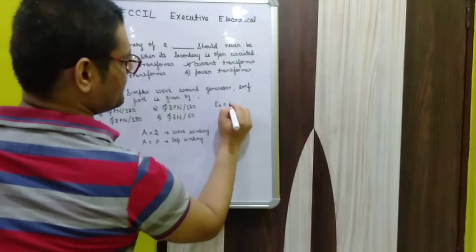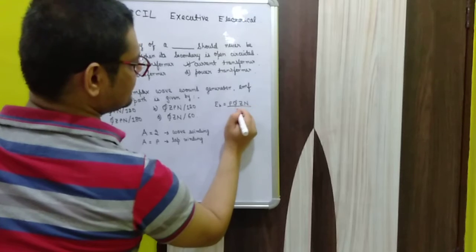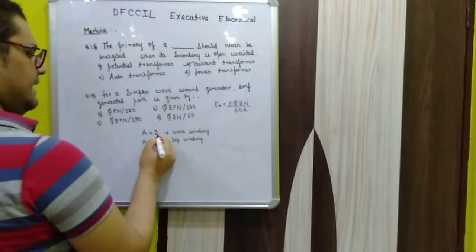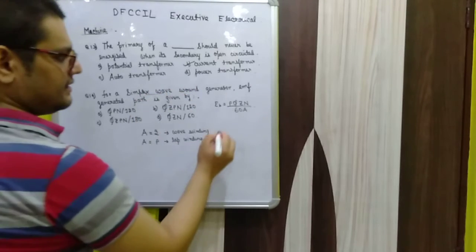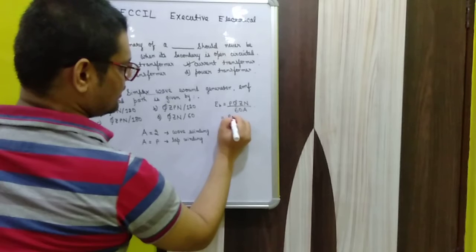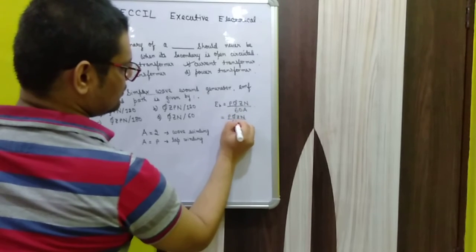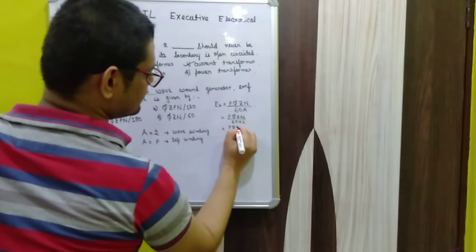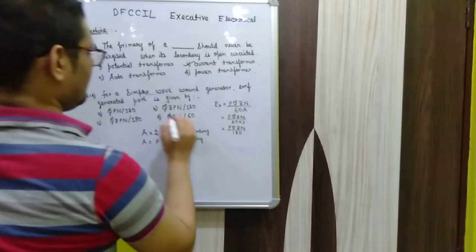Eb is given by P phi Zn by 60 A. We know what A is: A is 2, as the question is asking for the simplex wave-wound generator. So we put 2 in the place of A: 60 into 2, that is P phi Zn by 120 will be the answer.